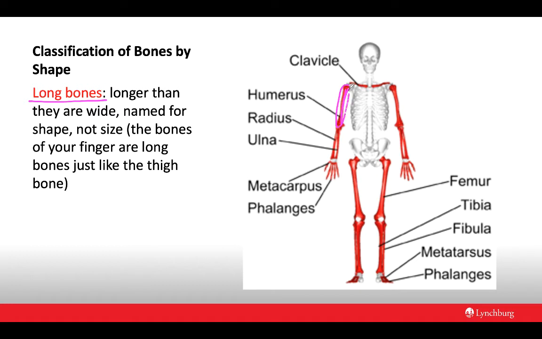Pretty much all of the bones of your extremities are long bones. This includes the bones in your fingers. Those are long bones too, because it's not based on how long they are, it's based on the shape. So even those little bones in your fingers are long bones, just like your really big, long femur or thigh bone.